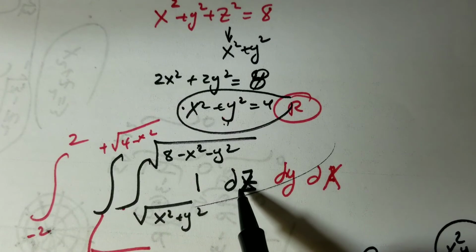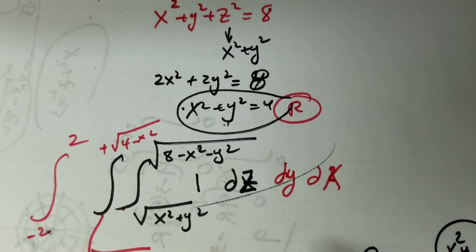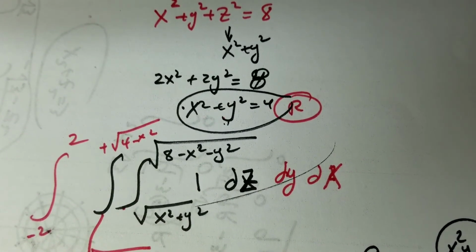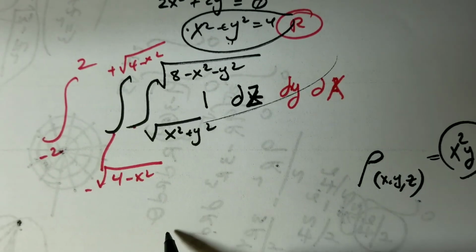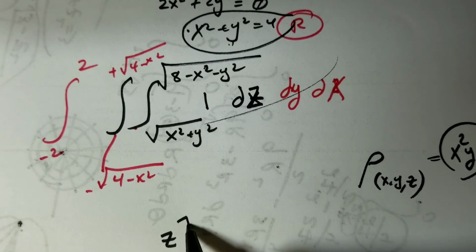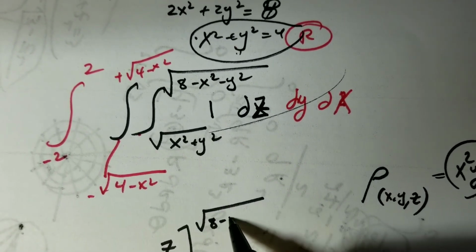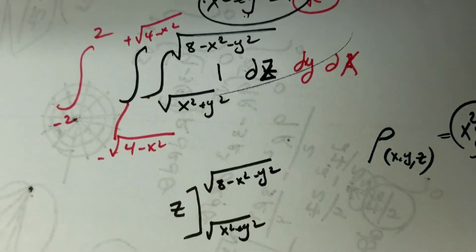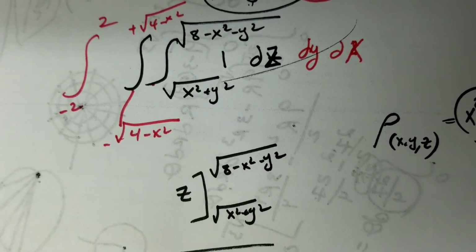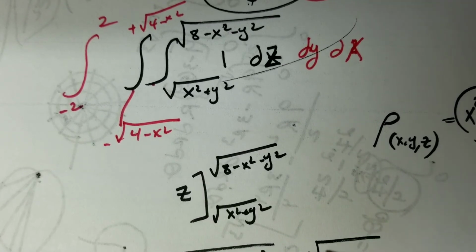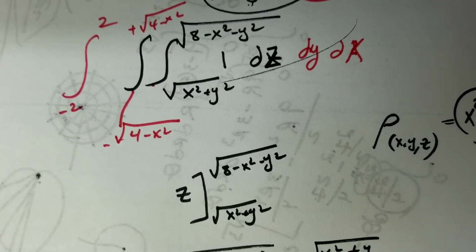Integrating 1 dz gives z, from the square root of x squared plus y squared to the square root of 8 minus x squared minus y squared. Therefore, your result is the square root of 8 minus x squared minus y squared, minus the square root of x squared plus y squared.